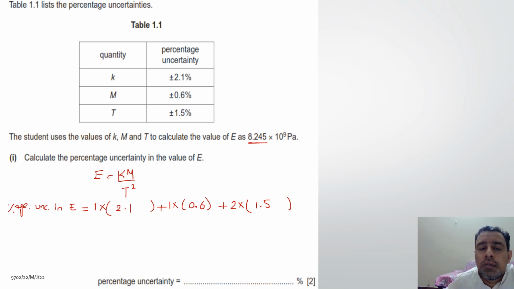After solving this using the calculator, the answer is 5.7%. The answer must be up to 2 sig fig.